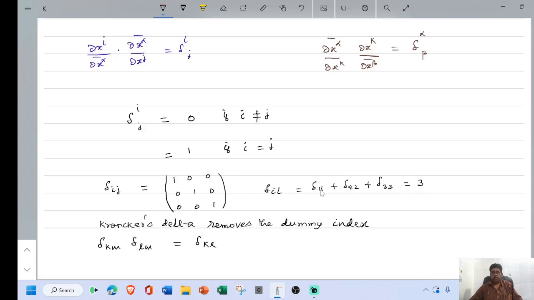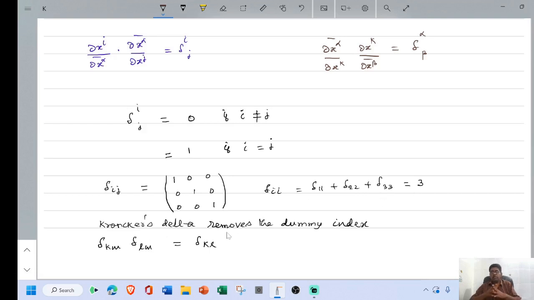This is the first element in the first row, second element in the second row, third element in the third row. See this matrix. Delta ii equal to delta 11 plus delta 22 plus delta 33 equal to 3.